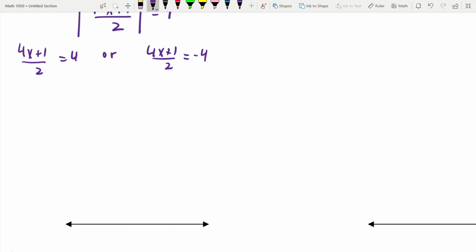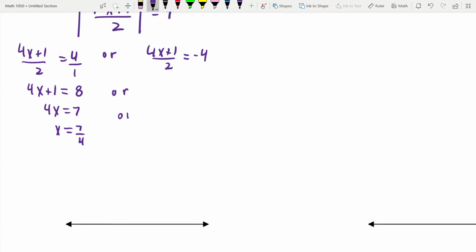Cross multiply. Put a 1 underneath the 4 and cross multiply. 4x plus 1 times 1 is 4x plus 1. 4 times 2 is an 8. I just cross multiplied. I did the other direction first. It doesn't matter. I wanted my x on the left. Move your 1 over. 4x equals 7. Divide by 4. x equals 7/4.